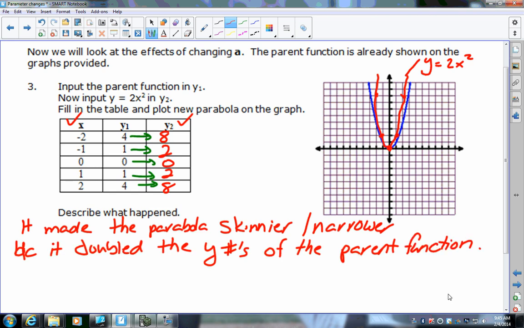Now, this is called a vertical stretch. It is a vertical stretch. Make sure you have that down and go to the next one on your paper.